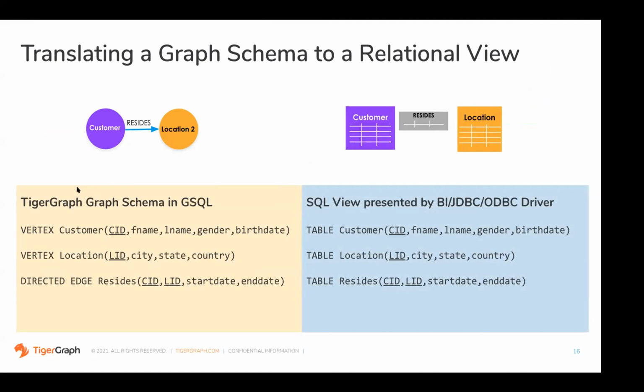So what we have here is 2 vertices and 1 edge, and over here I have 3 tables. I didn't explicitly state it, but you can imply that there's a foreign key to primary key relationship here, and a foreign key to primary key relationship there.